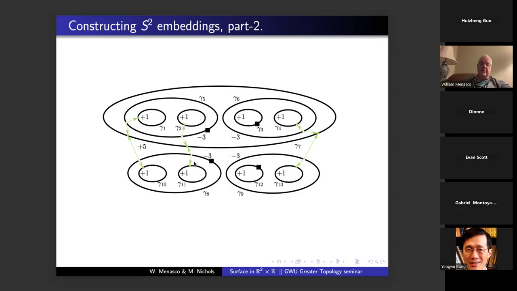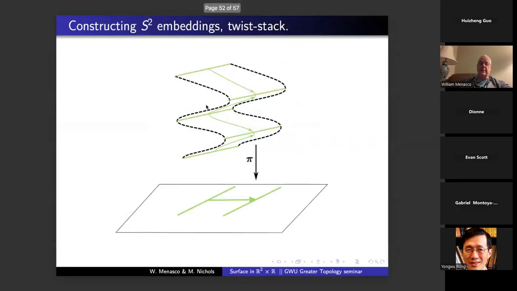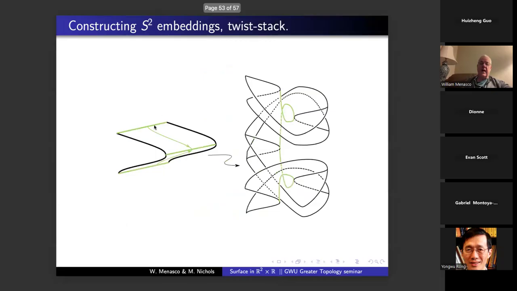You'll notice all these stacks of arrows start at a +1 disk and end up at a +1 disk. Same thing here. And when you finally do that twist along that stack, the last crease curve becomes a -1, which means it bounds a disk and you can cap it off, and that gets you your two sphere.